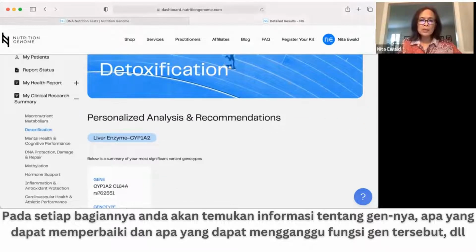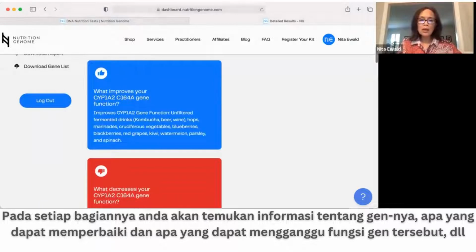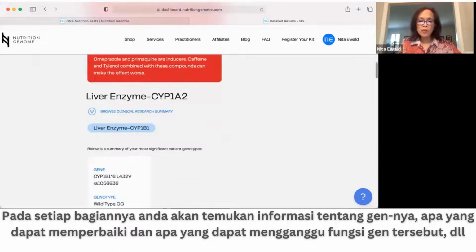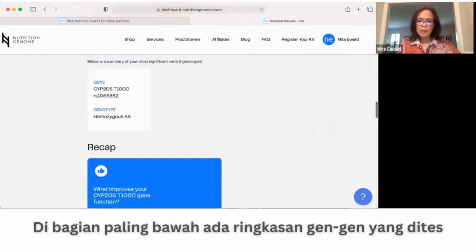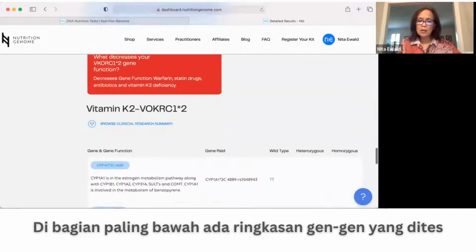So we are at the detoxification section. There will be the gene information, and then the information of how you can improve the gene function and what can decrease your gene function, and so forth. And then the very bottom of it has a summary of all the genes that were tested.